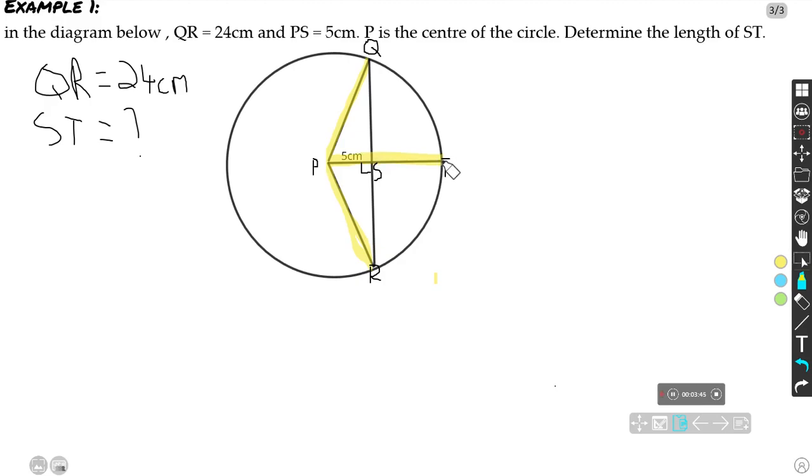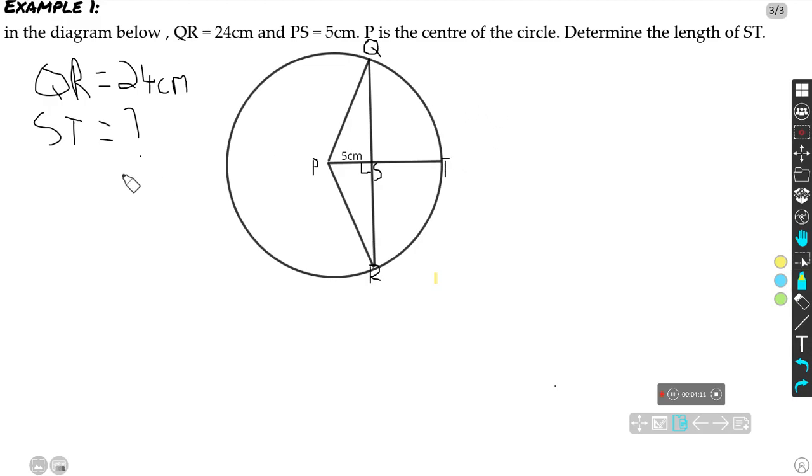Can you see that OPT is also a line from the center to a point on the circumference, which makes it a radius? And what do you know about your radius? We know that our radii are equal in length.